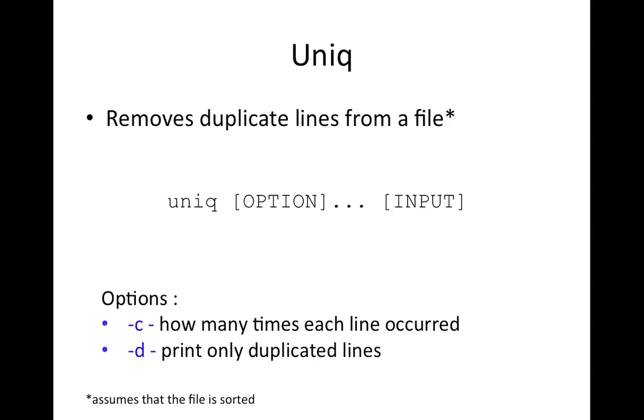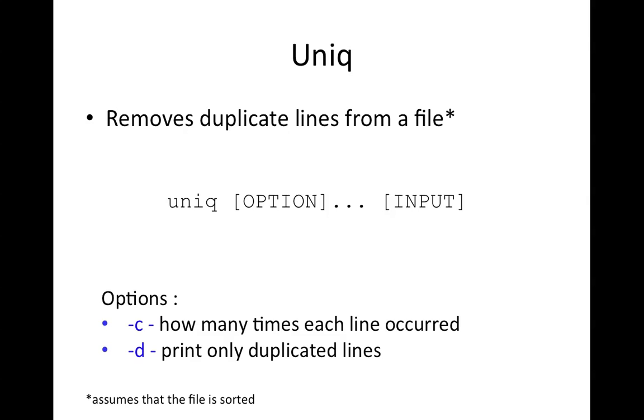The command uniq stands for remove the duplicate lines from a file. The general syntax looks like this: you say uniq, some options, and the file. The options are: you can count how many times each line occurs.